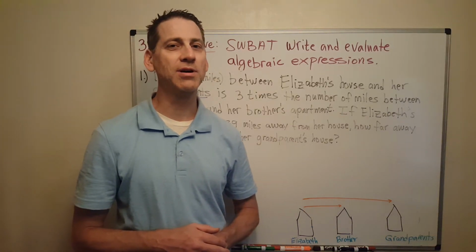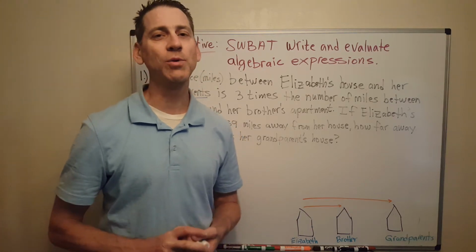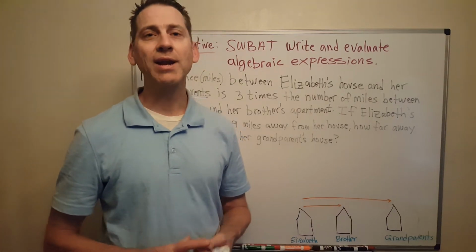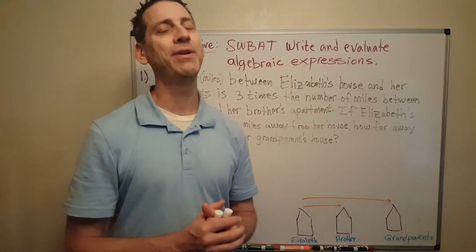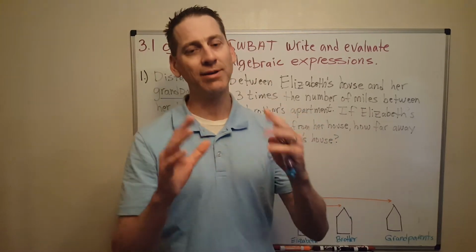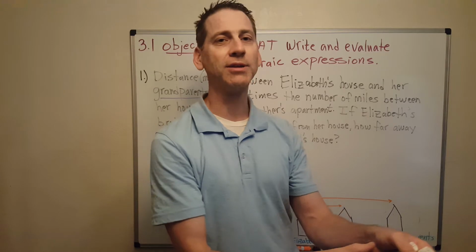This is Mr. Valana. We are doing some algebra, and in our first video, we learned how to write algebraic expressions. We learned about variables, and we just got our feet wet in how to translate from English sentences or expressions to algebraic expressions.